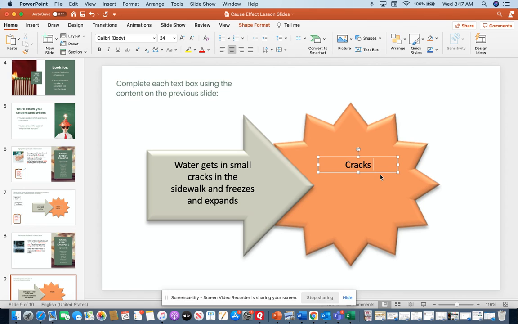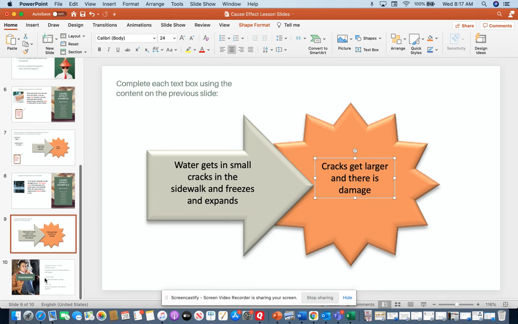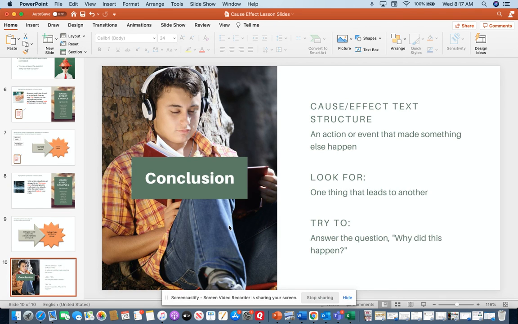The cracks get larger and there is damage. So the water gets in the small cracks as your cause, and it freezes and expands, and then it leads to larger cracks and damage.